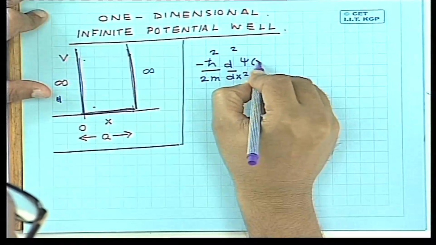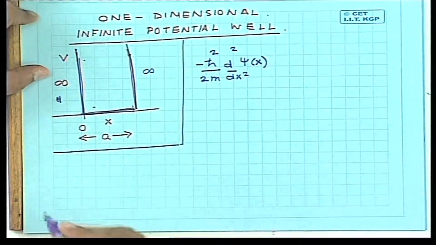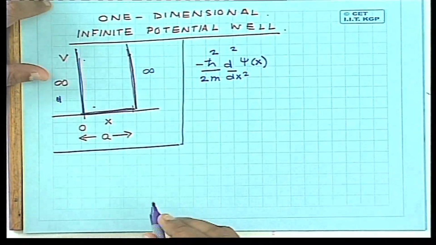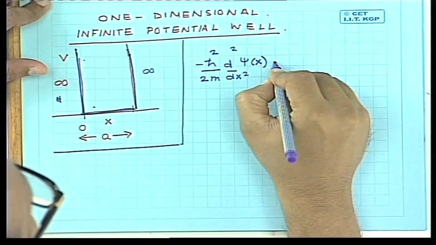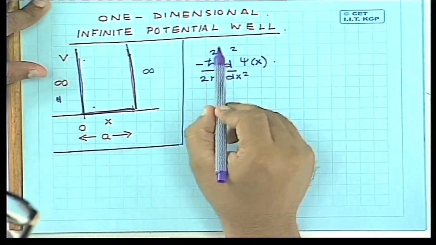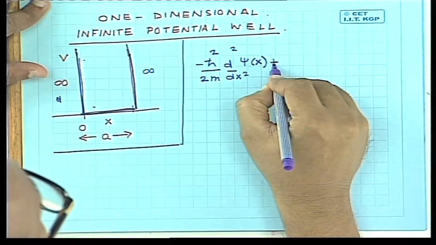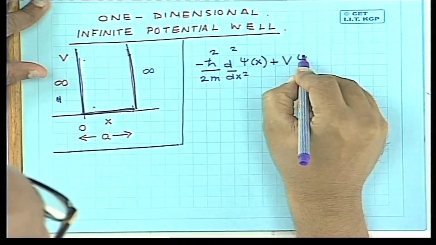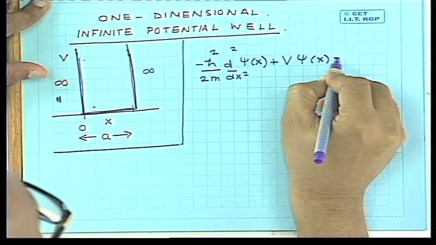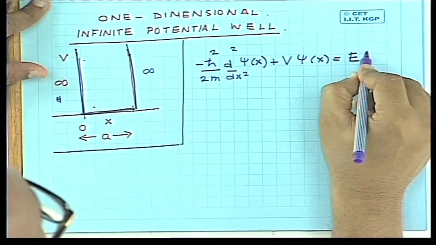We are looking at the stationary states because this is a time independent potential. The time evolution, as you know, is quite simple, so we will not bother with it. So the Schrodinger equation is minus h cross square by 2m d square psi by dx square plus V psi, V is a constant now, is equal to E psi.